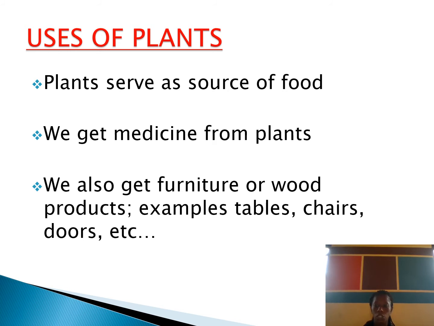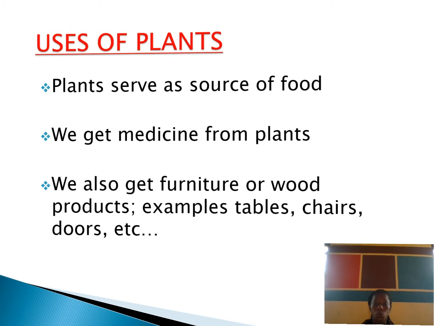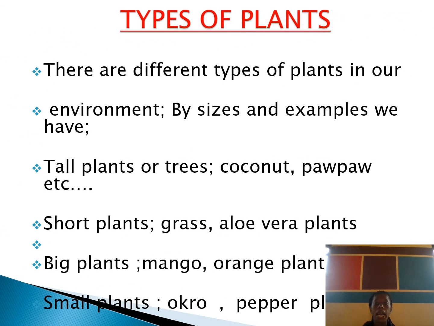And let's continue. We will look at types of plants. There are different types of plants in our environment. By sizes and example, we have tall plants. Example of tall plants are coconut plants and pawpaw plants.